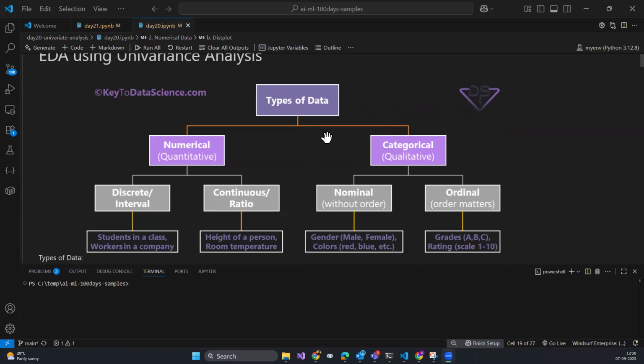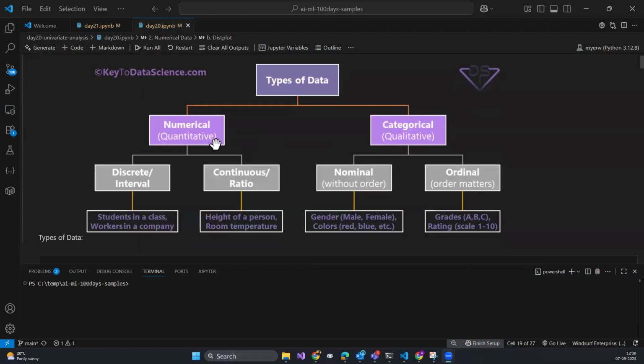Broadly, any data is categorized into two types, which are numerical and categorical. Numerical, also called quantitative, is where data is represented as a number. Categorical data is also called qualitative, and it basically represents text.